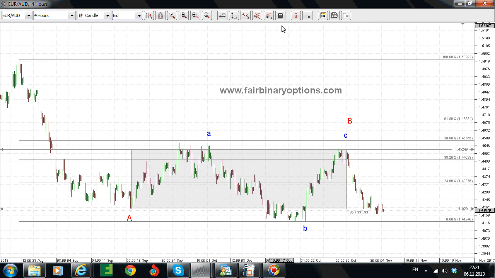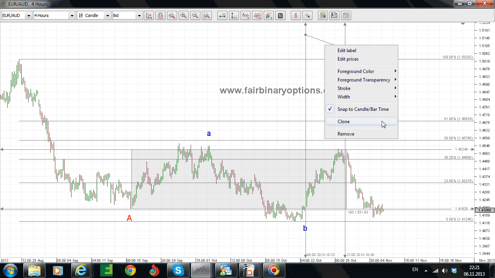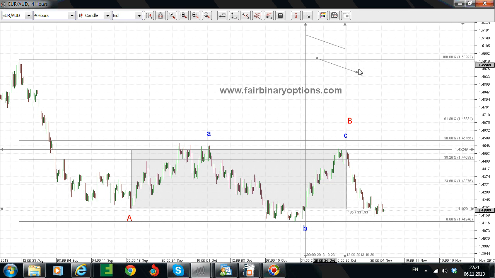What's interesting to note is that normally, if this is a flat like we are suggesting, price should retrace the entire C wave here in the same amount of time. So what one needs to do is to measure the length of this distance, project it on the right side, and then put the time expiration here. As you can see, the time expires somehow around the current level.